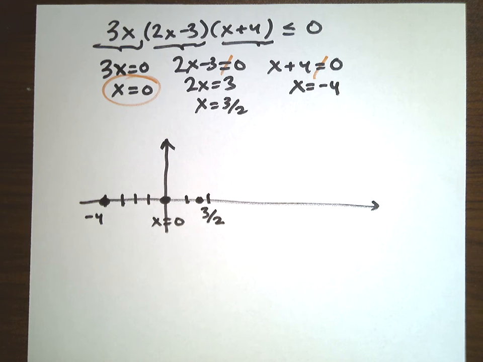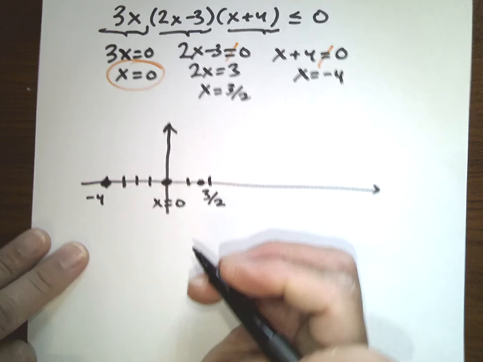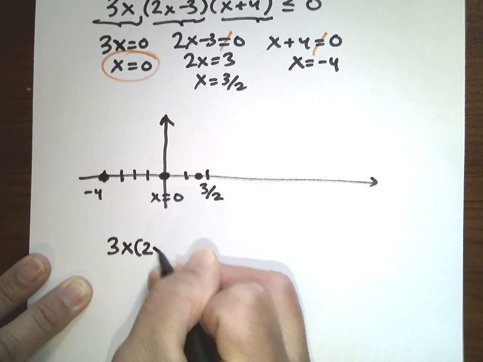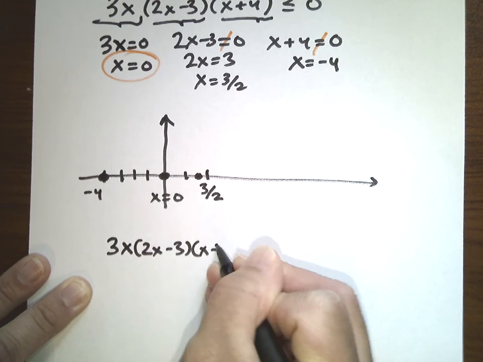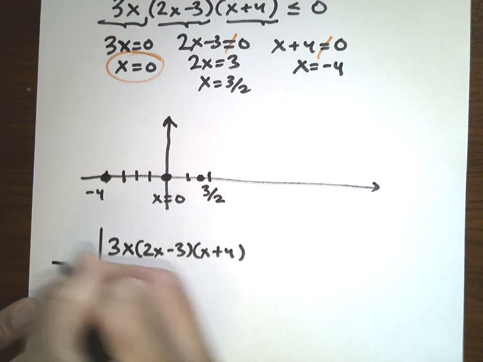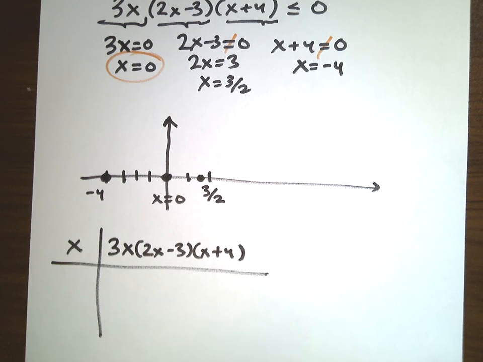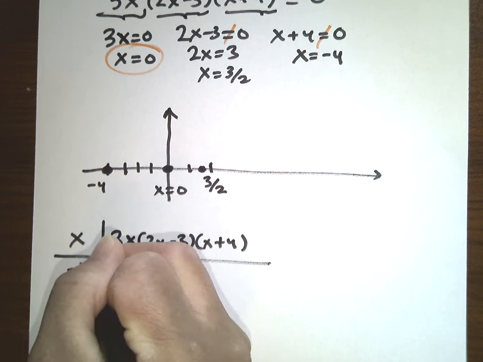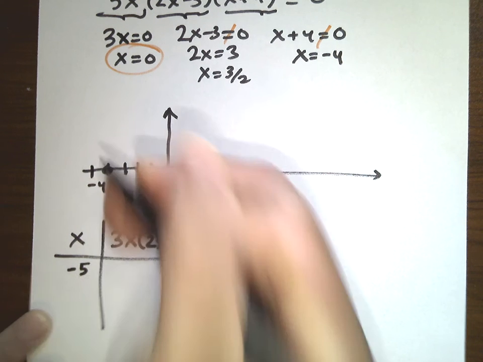All right, now I just want to draw a little bit of a sketch of this graph. So I have 3x, 2x minus 3, and x plus 4, and then I have my x value. So if I want to sketch the graph, I would do something very similar to what I normally would.